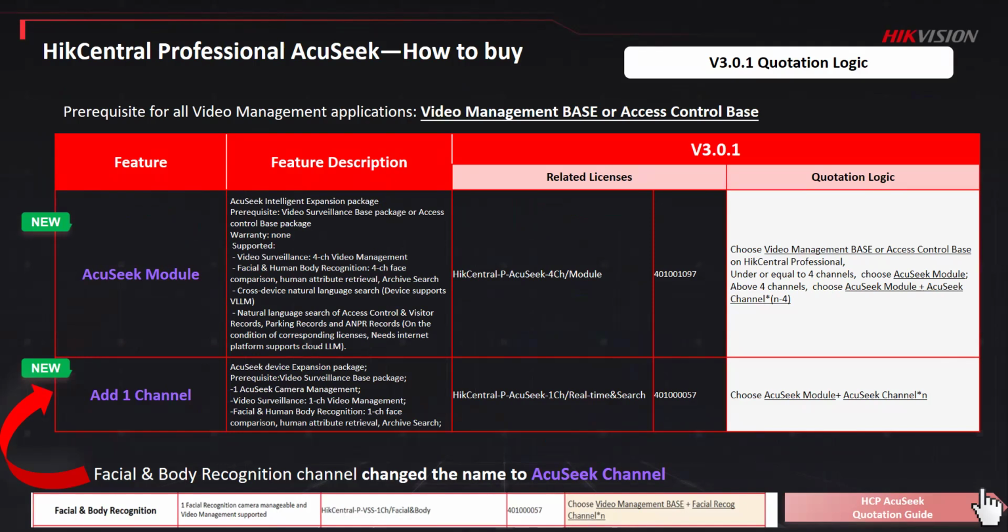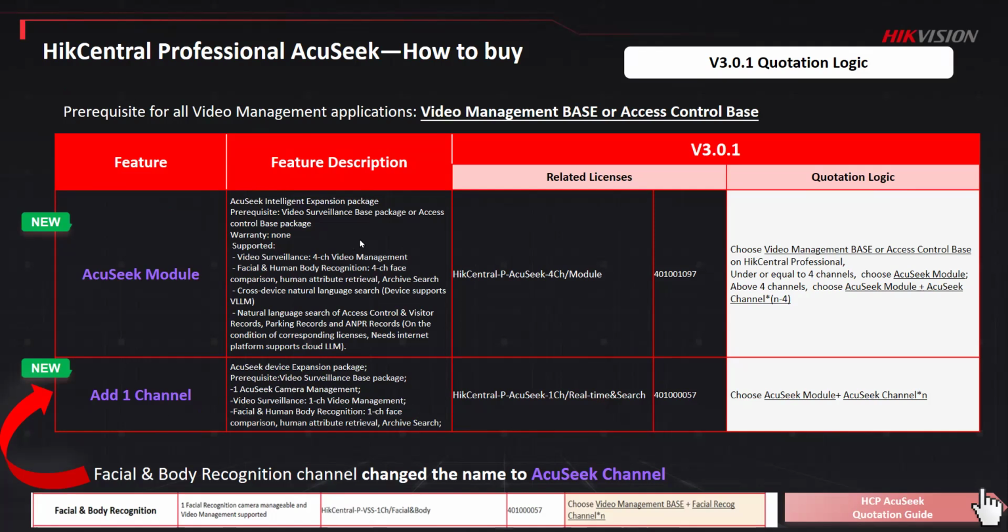So with HikSeek licensing, of course, in the past it was called the facial and body recognition license. Now this has been dropped. We now have something called the HikSeek module and then a 1 channel license. So if you want the HikSeek functionality inside HikCentral, you need to buy the HikSeek module, which comes included with 4 channels already added. As you need more licenses, you just add the 1 channel license.